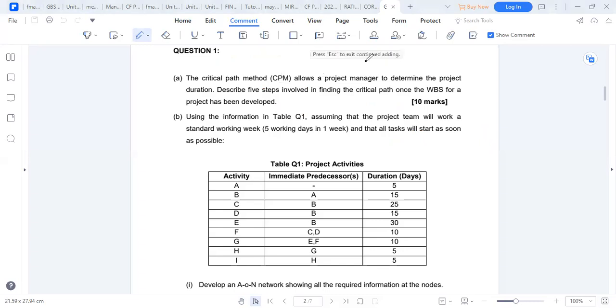On this question, the critical path just allows for determining the completion time of the project. It's the CPM method.